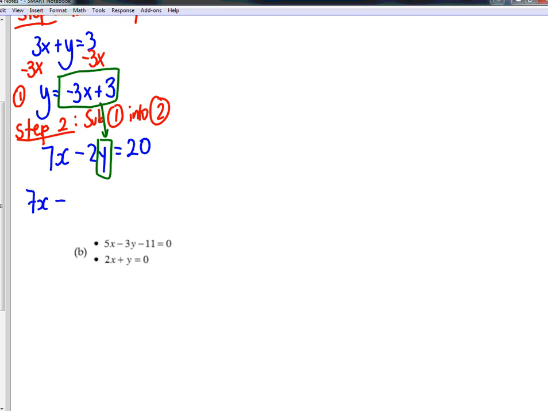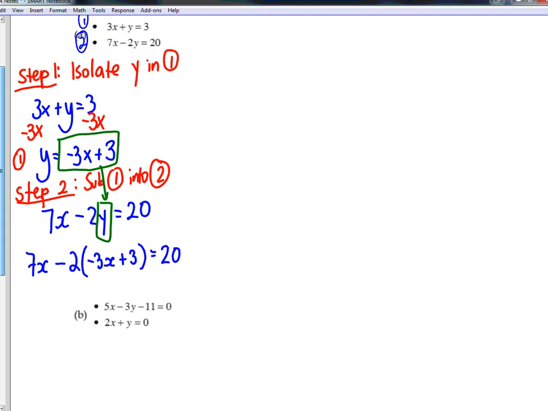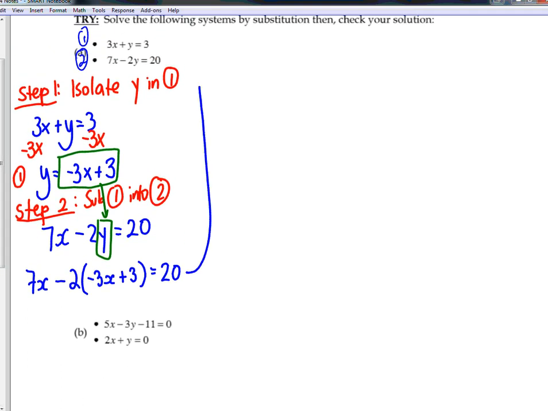Okay, when you replace, use brackets. So 7x minus 2 times, what's y? Okay. I'd like you to do the algebra from there. Solve for x. Use distributive law.